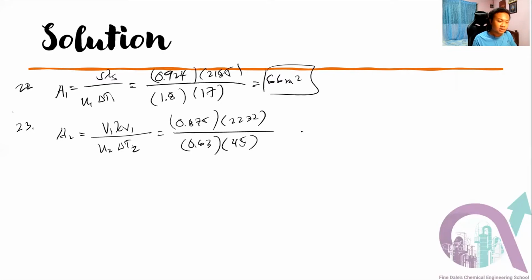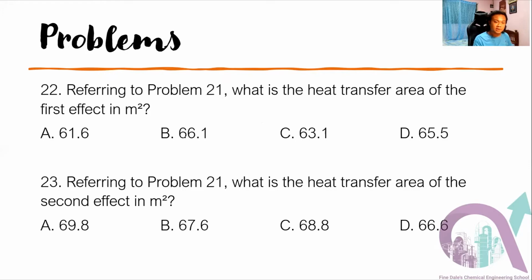Okay, you have 68.9 square meters. So this is letter B, and then letter C.